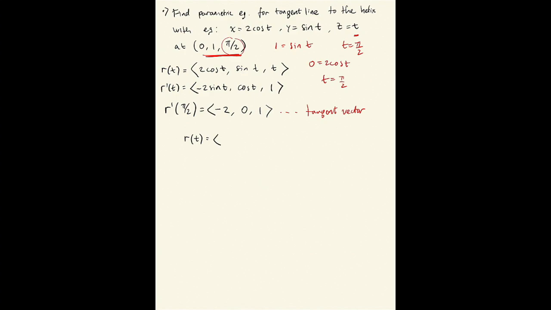We start from that, plus t times the tangent vector. So x will be negative 2t, y will be 1, z will be pi over 2 plus t. This is the parametric equation for the tangent line. So the idea is to find this tangent vector.